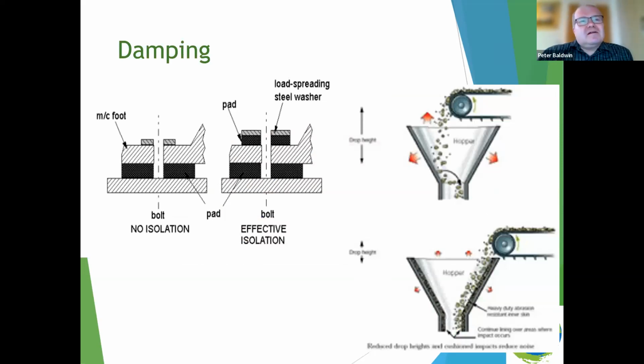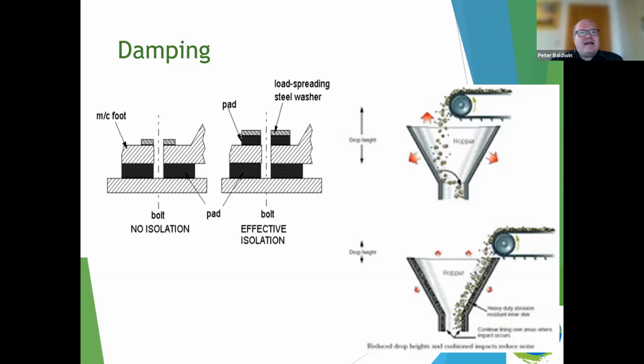Dampening. I spoke about this, and one way to look at it is if you look on the right hand side, what you've got is a machine that's producing vibrations, which will produce noise, and it's directly bolted onto something. It could be a metal plate, or the building itself.